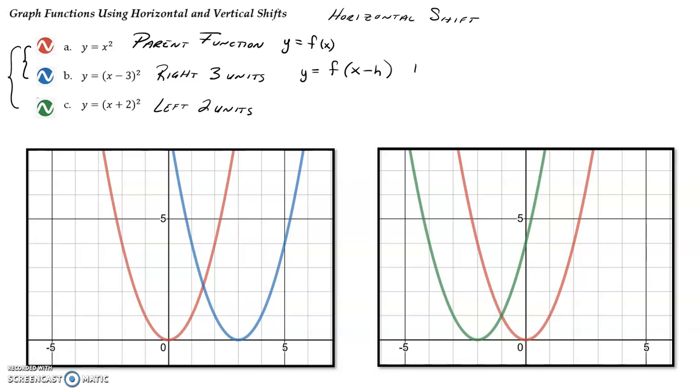And in this case, our h value is going to be something that's positive. Okay, this is going to be moving our graph to the right a total of h units. If it's in the form of y equals f of x plus h, okay, our h value here has to be something positive, then this is going to be moving our graph to the left h units.